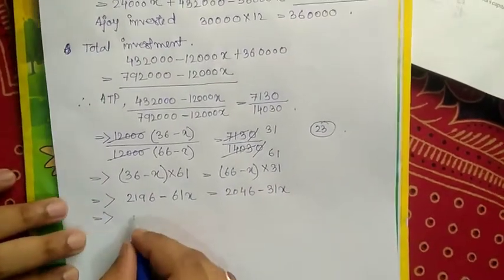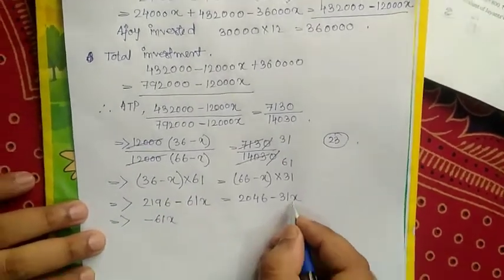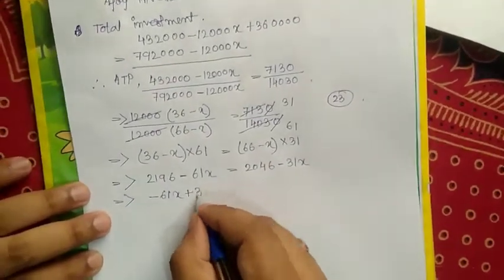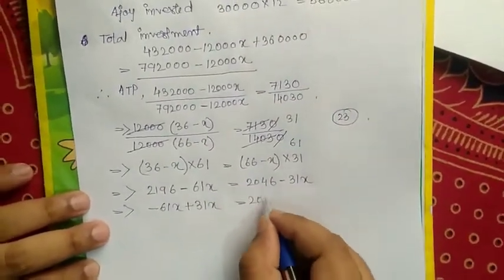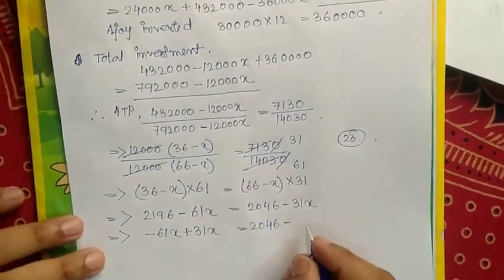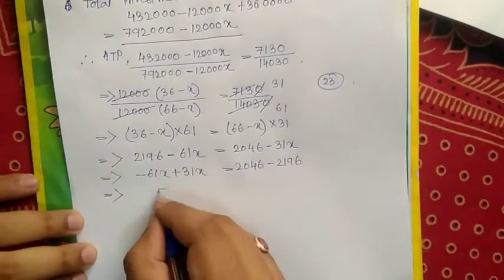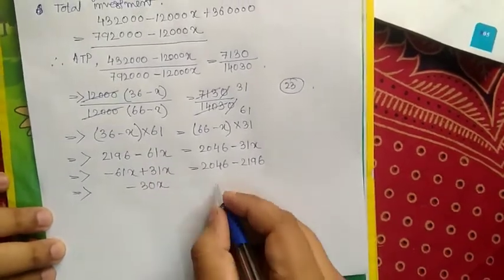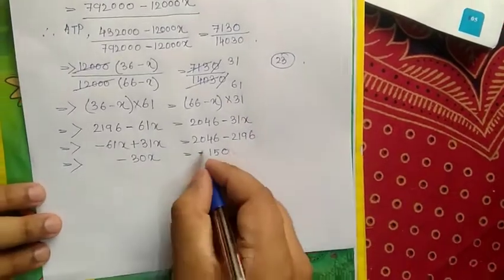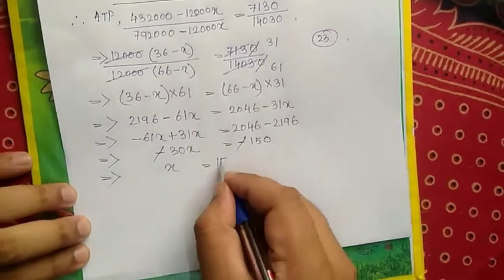So therefore, minus 61x from left hand side to right hand side, the sign should be changed, minus 31x to 30 plus 31x equal to 2046 minus, and this from left hand side to right hand side, the sign is also changed, minus 2196. So therefore minus 30x equal to minus 150.